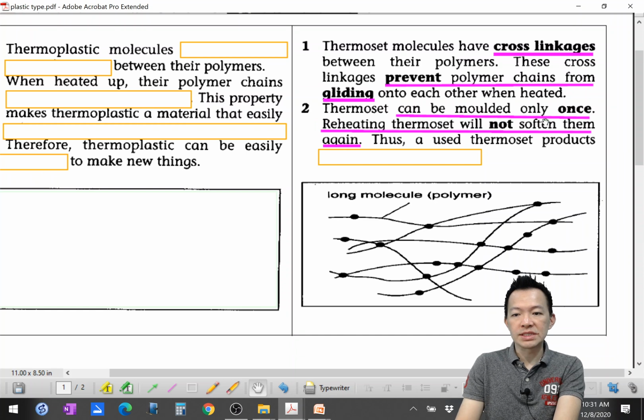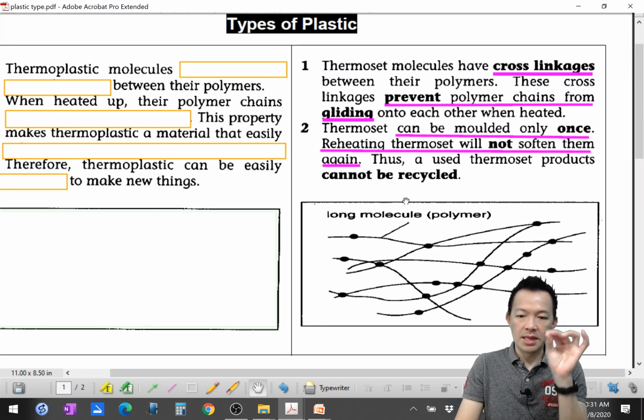Reheating the thermoset will not soften them again. 你再烧它，它不会溶掉，也不会变软的。So a used thermoset product cannot be recycled.